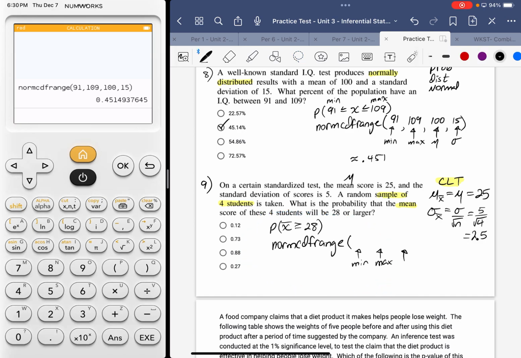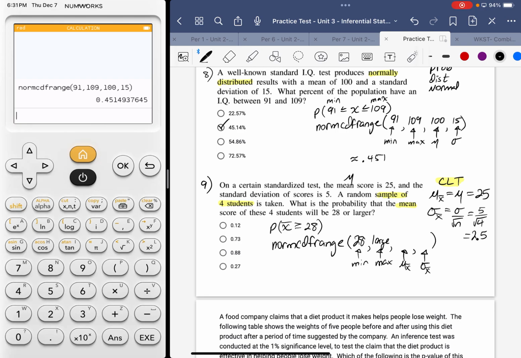The difference is that we put in the mu sub X bar and the sigma sub X bar. So 28 is my min, because if you're going to be greater than or equal to it, you start off with that number 28. You're going to go to something large.